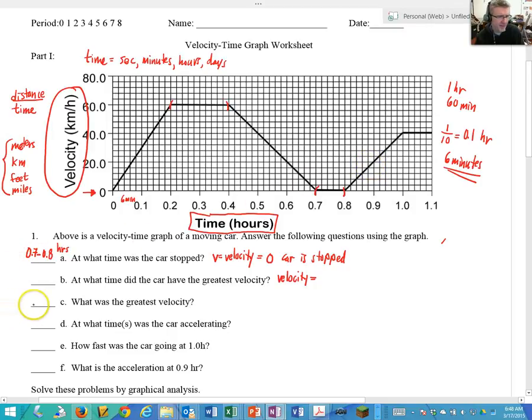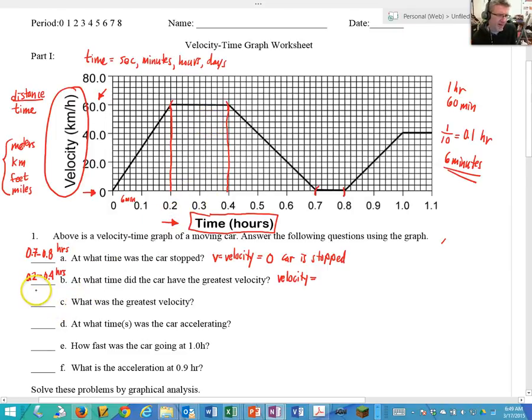So we say 60 kilometers per hour, but the time, I'm jumping ahead of myself here, the time is 0.2 hours to 0.4 hours from the graph. We basically look down from where it said it was at 60 kilometers an hour, and we find the time. So we look here to find the speed, the velocity, and here to find the time.